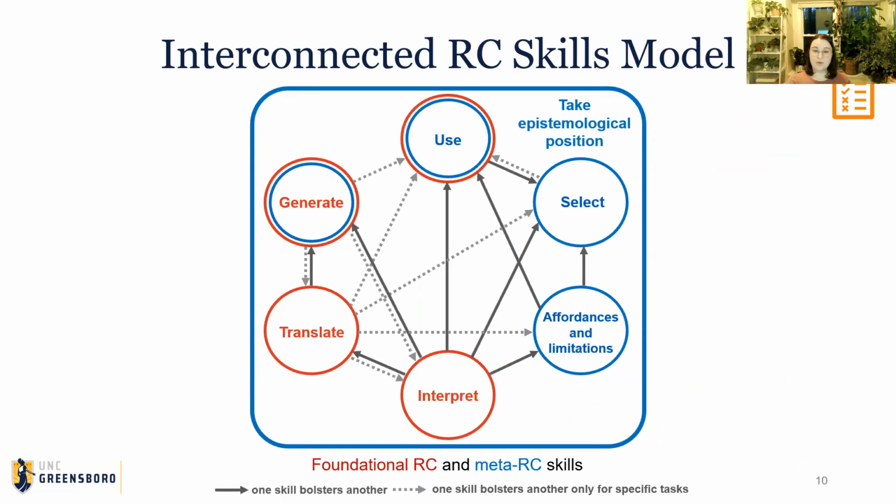But let's get into the model and how to make sense of it. As you can see, we position the use skill at the top of the model because we believe this is the main representational competence skill. We believe that proficiency in using representations as tools to communicate about phenomena, visualize phenomena, predict and explain phenomena, is what representational competence is about.